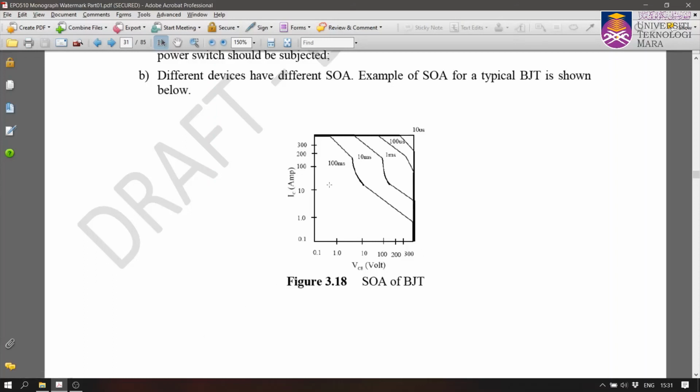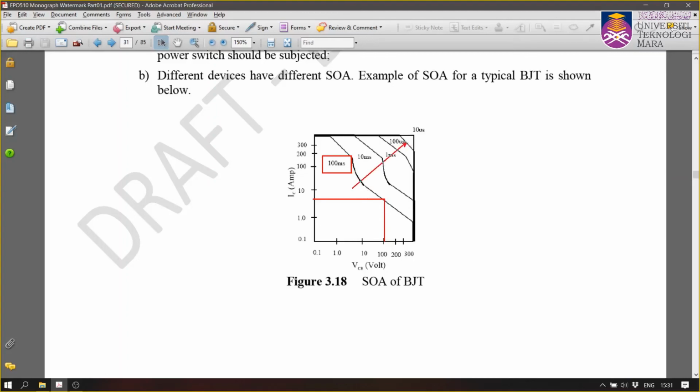So for example, in here, this is for one device. This device can operate at 100 volt, and with that current, when you operate at 100 milliseconds, the period is 100 milliseconds, which is the low frequency.